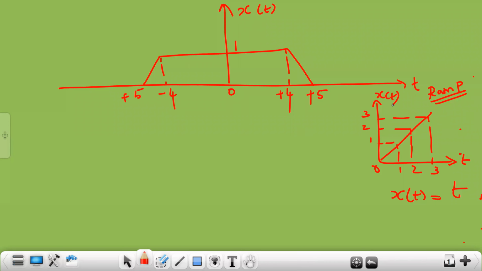Now, secondly, I am going to shift this. Initially, it was here, but now I am going to shift it to the left side. Initially it was starting from the origin, but now it is starting from -5.